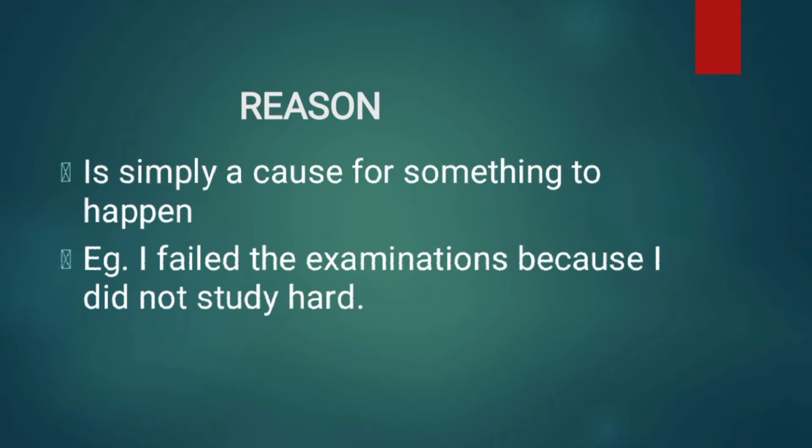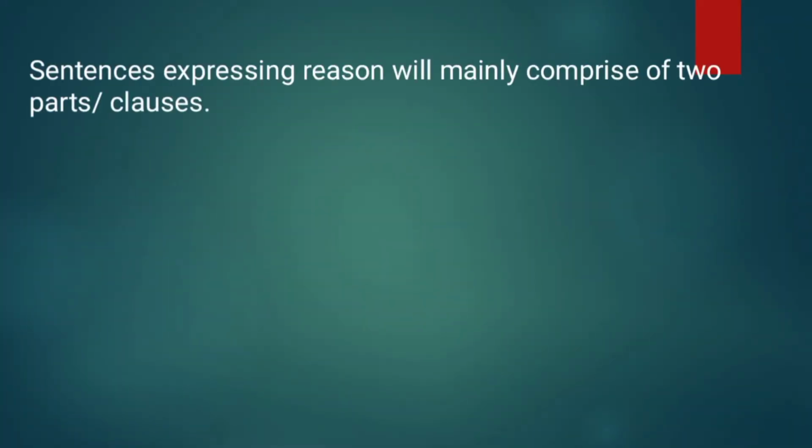I hope you are able to see where the reason is. This is the reason here. I did not study hard. So this is how you are going to see the sentences expressing reason. That's the structure.